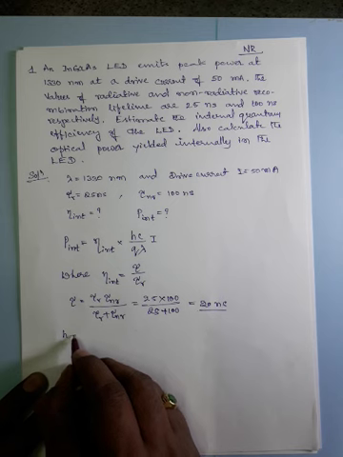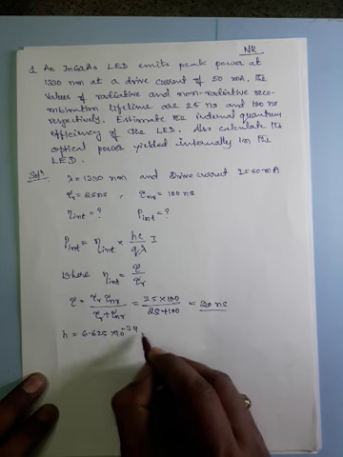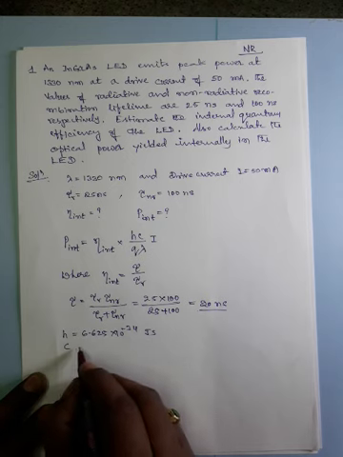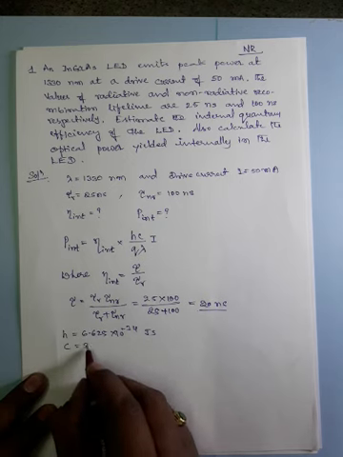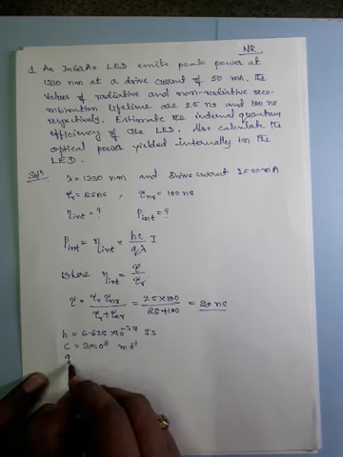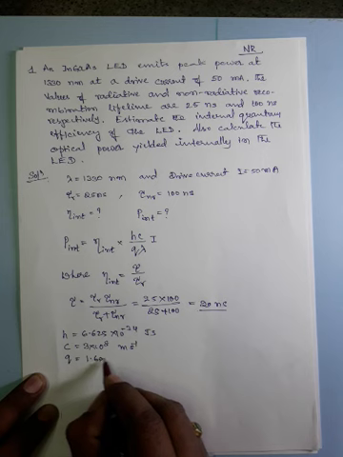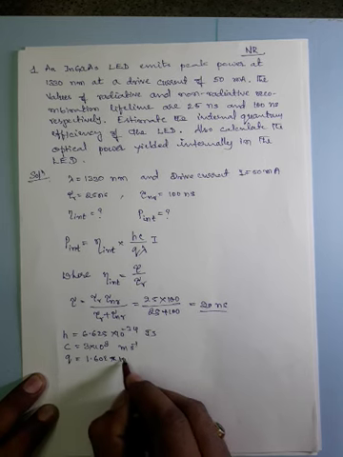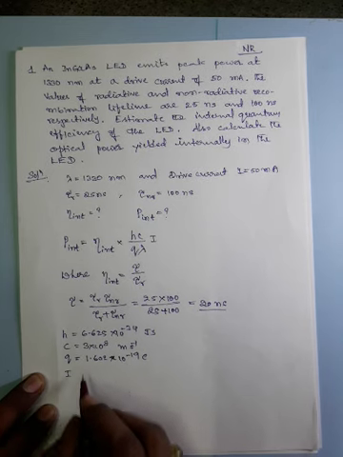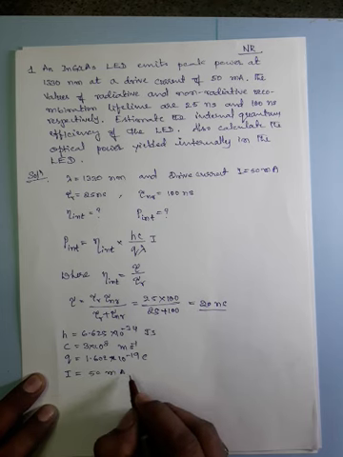Its value is 6.625 into 10 raised to minus 34 joule second. c is the velocity of light, that is 3 into 10 raised to 8 meter per second, and q is the charge of an electron, that is 1.602 into 10 raised to minus 19 coulomb, and I, the drive current, which is 50 milliampere.